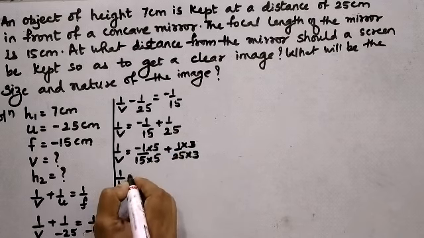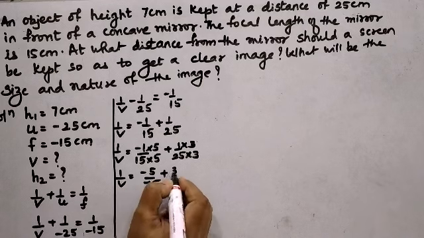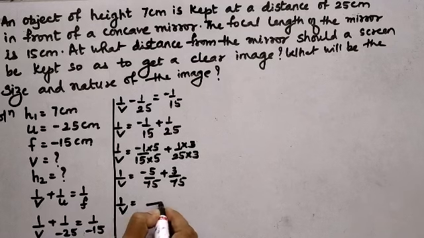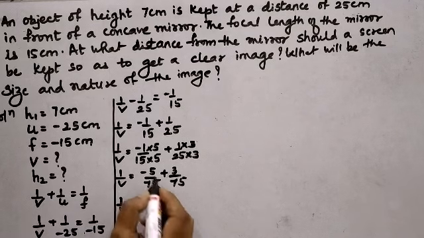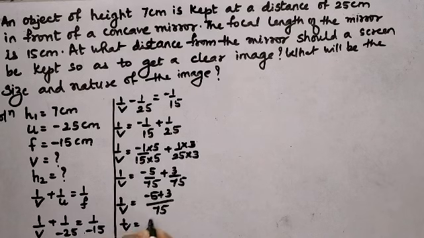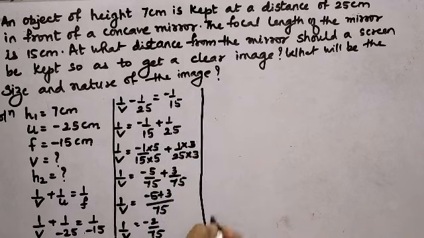So 1 upon v is equal to minus 5 upon 75 plus 3 upon 75. So 1 upon v is equal to, take a common denominator 75, minus 5 plus 3. So 1 upon v will be equal to minus 5 plus 3 will be minus 2 upon 75. So if 1 upon v is minus 2 upon 75, we can take the invertendo in order to get the value of v.